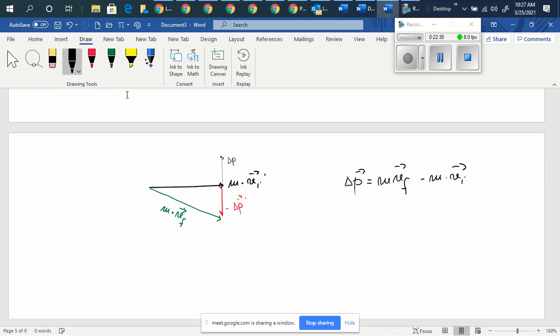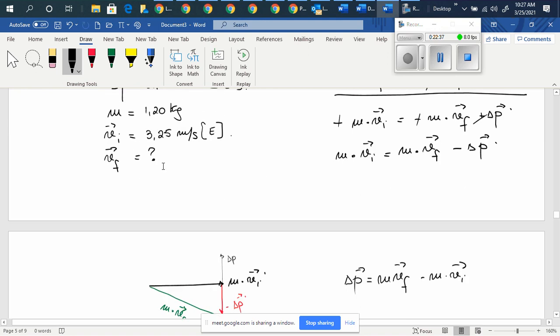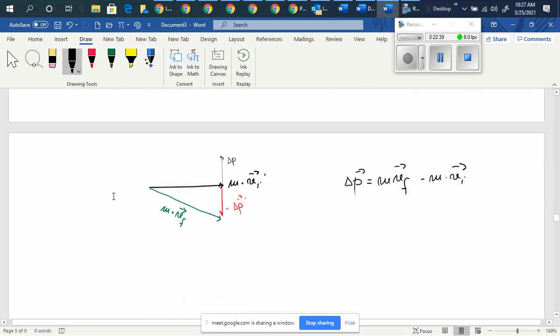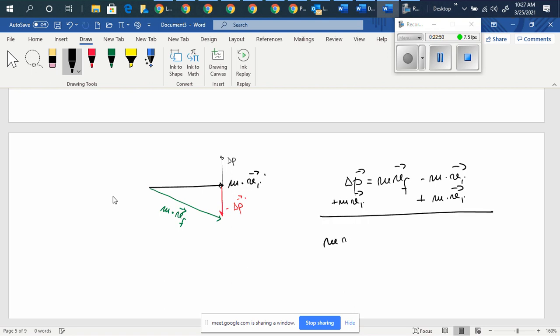And we do know what is the initial velocity, so we will find what is the final velocity. So add mass times initial velocity in both sides. So mass times final velocity will be delta P plus mass times initial velocity.